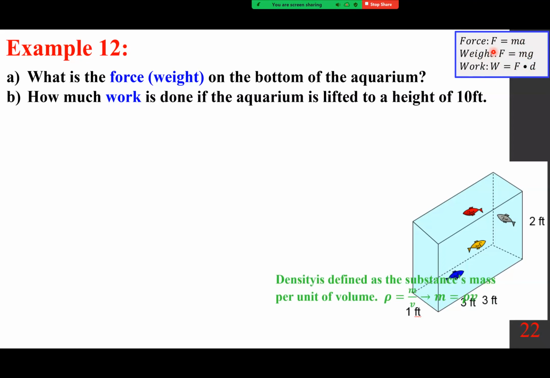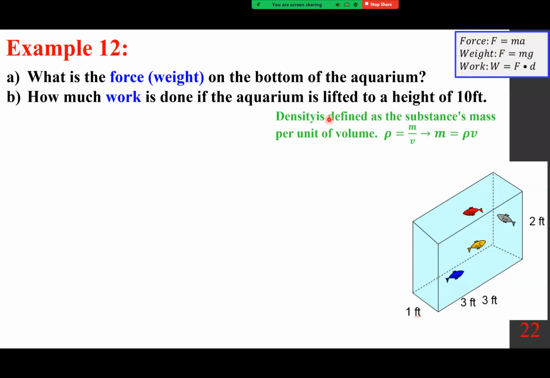So in this case, the density, I'm reminding everybody, is defined as the substance's mass per unit of volume. Rho equals m over v. Therefore, m is rho times v. That's the product of the two. I hope everybody remembers that from basic physics. So the volume of this rectangular solid is the length times the width times the height.